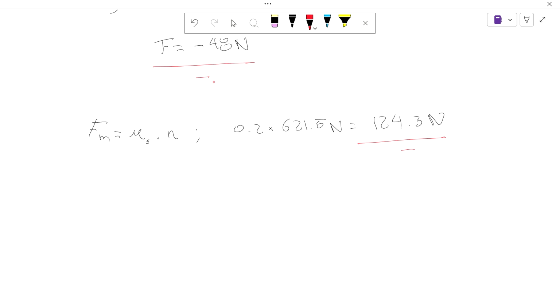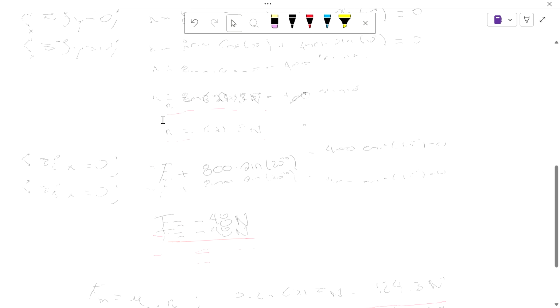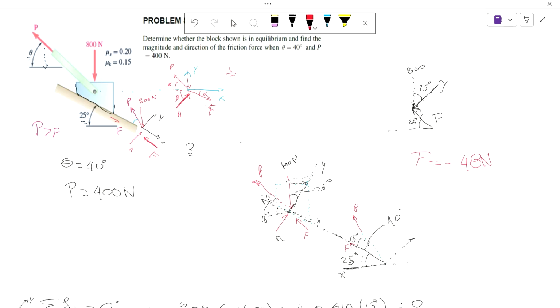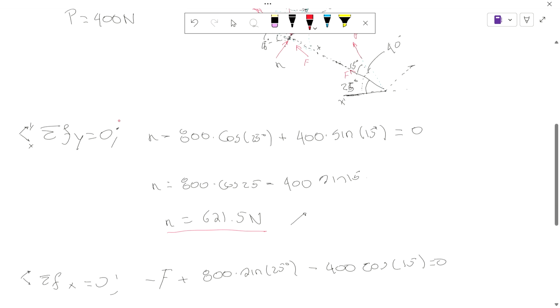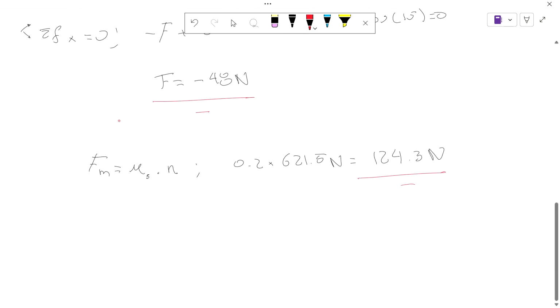And since the force that we found in the system of equations right here is less than the force of moving, then the force that they're applying to move, this is the force needed.